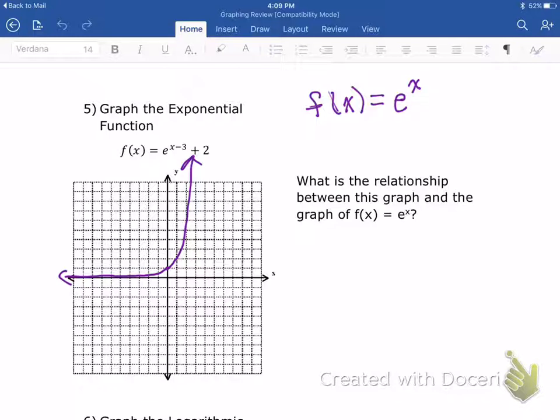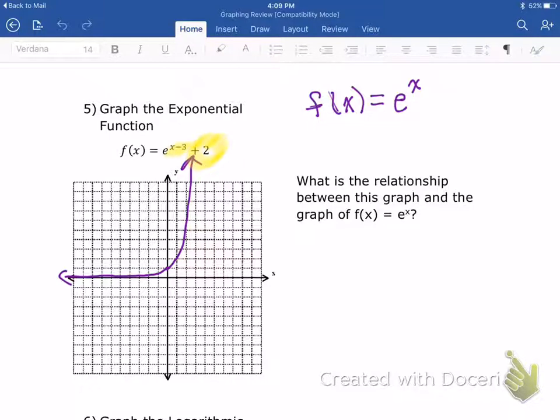Now, on this graph, we are going to have a horizontal shift that is related to the x minus 3, and then we are going to have a vertical shift that is related to the plus 2. Okay? Now, if you remember, anytime you are dealing with a horizontal shift where the x minus 3 comes into play, you are dealing with opposite value.